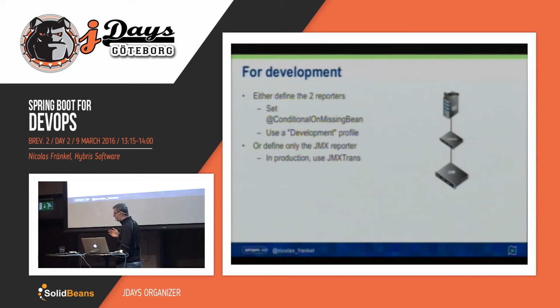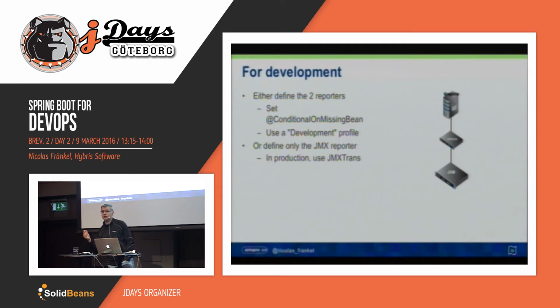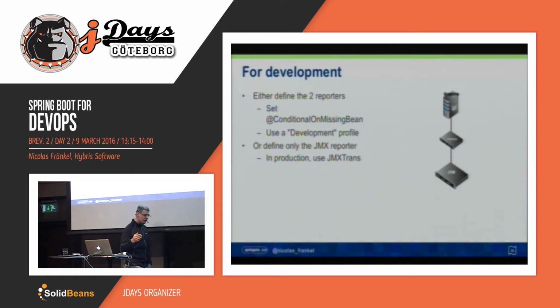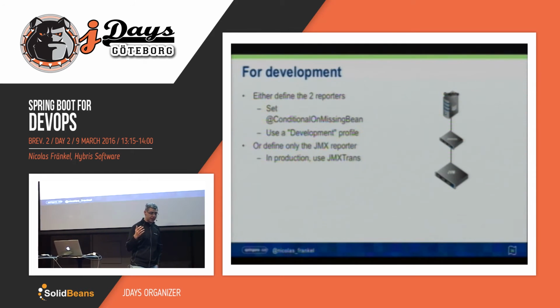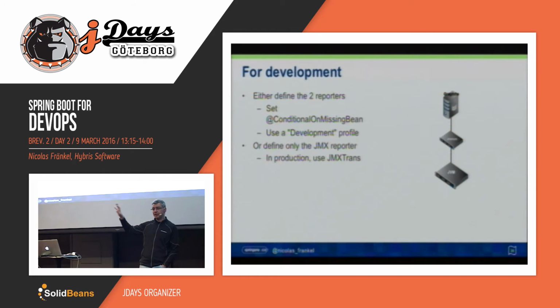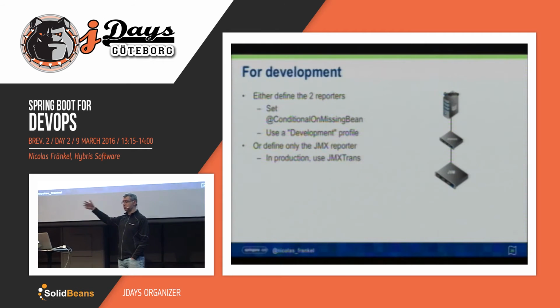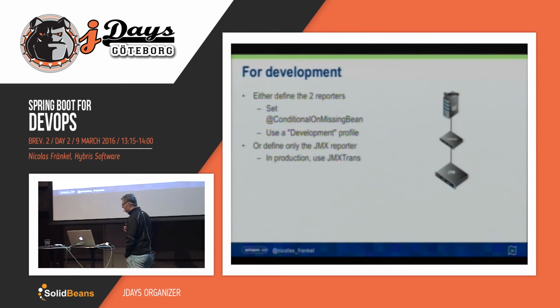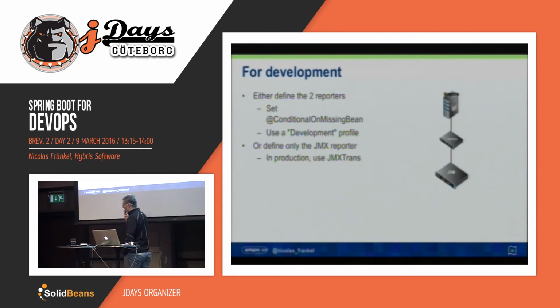In the development profile, you say, okay, I won't use Graphite, and I will just send stuff to JMX. Otherwise, I will send to Graphite. That will be good for production, since the development profile won't be there.